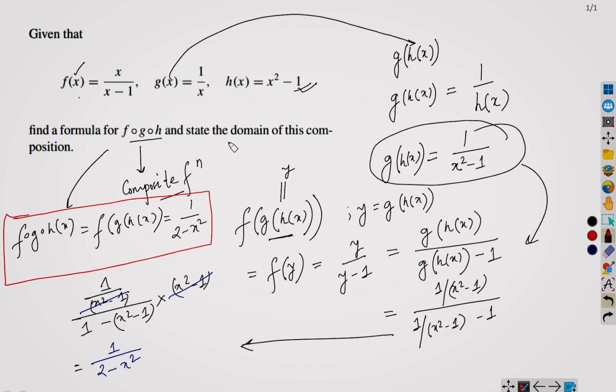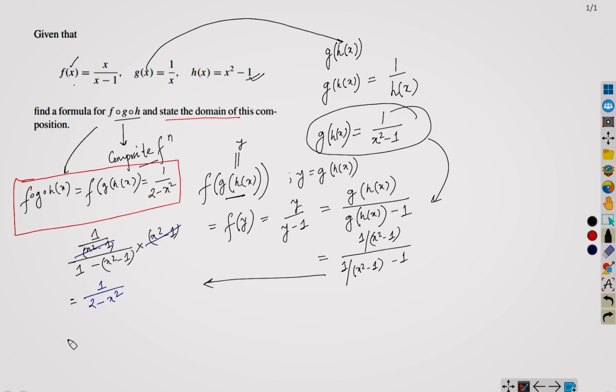Now we have another additional question here, that we have to state the domain of this composition. So what is the domain of definition? What is the meaning of this? We have to exclude those points that make the function undefined. We have our function as 1 by 2 minus x square.